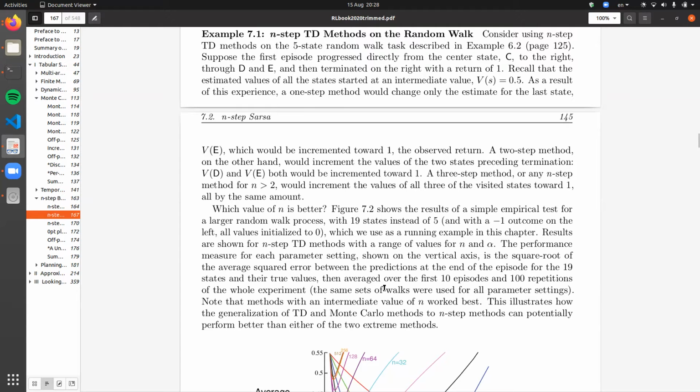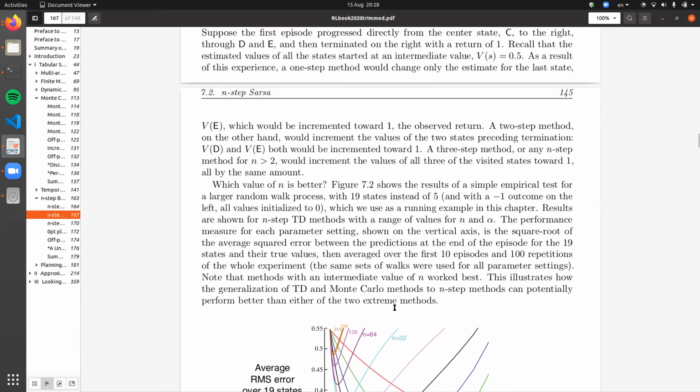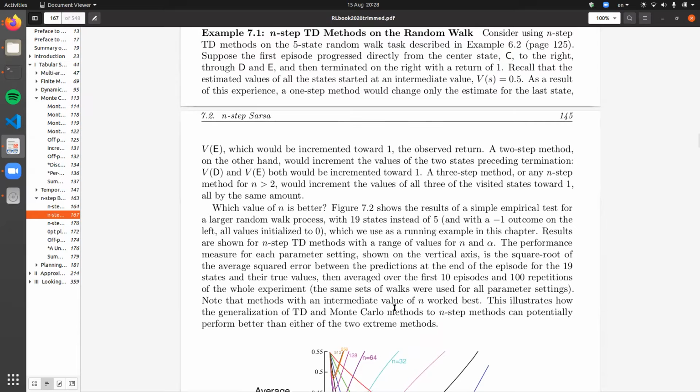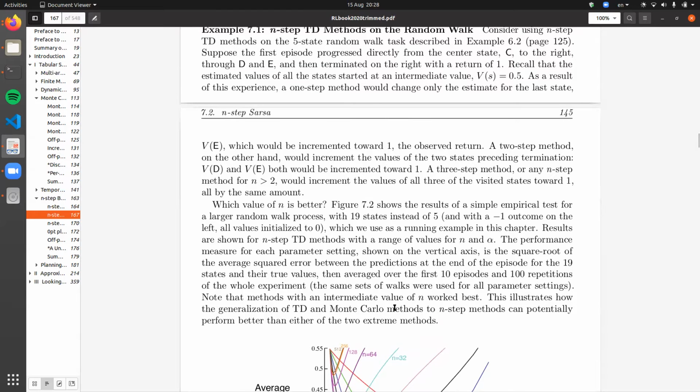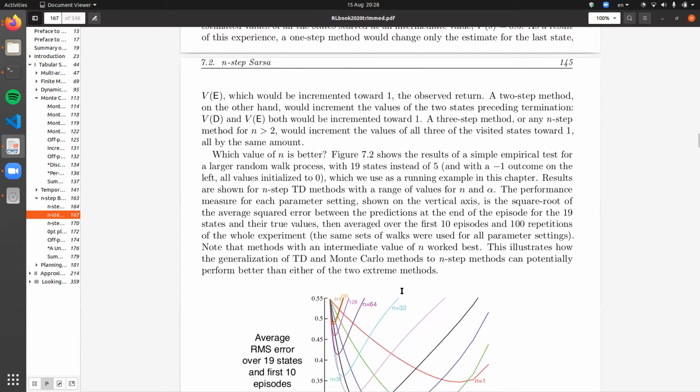There are two possible actions, go left or go right, and the actions are taken randomly. The rewards for all transitions are 0, but there are non-zero rewards for the terminal cases. In this example, it's -1 for the left terminal state and 1 for the right terminal state.